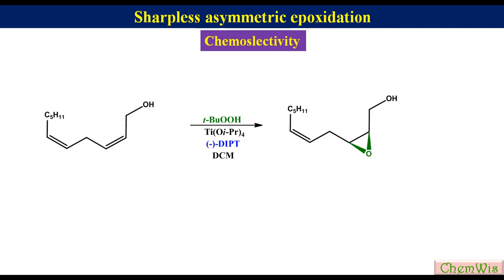Here, DIPT is diisopropyl tartrate, which behaves similar to diethyl tartrate. The reaction is also tolerant of many different functional groups like esters, enones, acetyls, epoxides, etc.